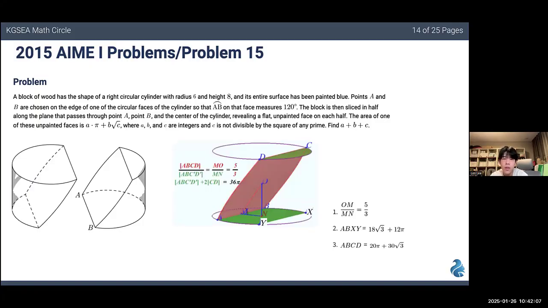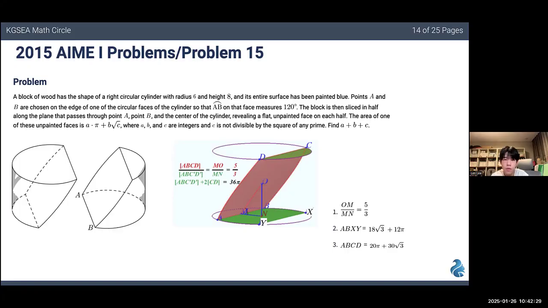We can first label the points where the plane intersects the top face of the cylinder as C and D, and the center of the cylinder would be O, such that C, O, and A are collinear. N would be the center of the bottom face, and M would be the midpoint of AB.